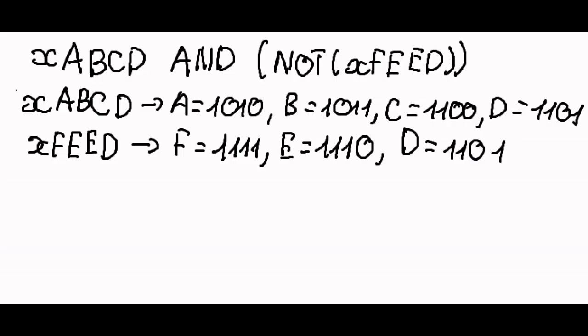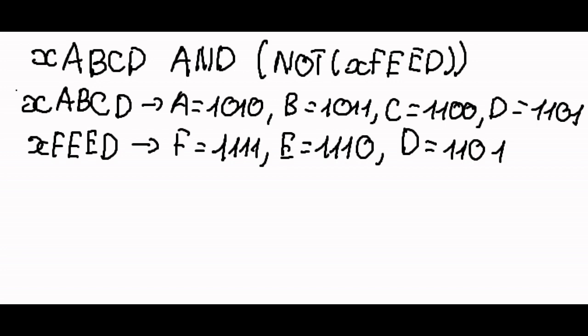So for this exercise, we need to solve the equation x ABCD and not x FEED. First we could try to convert the two hexadecimal numbers given into binary.